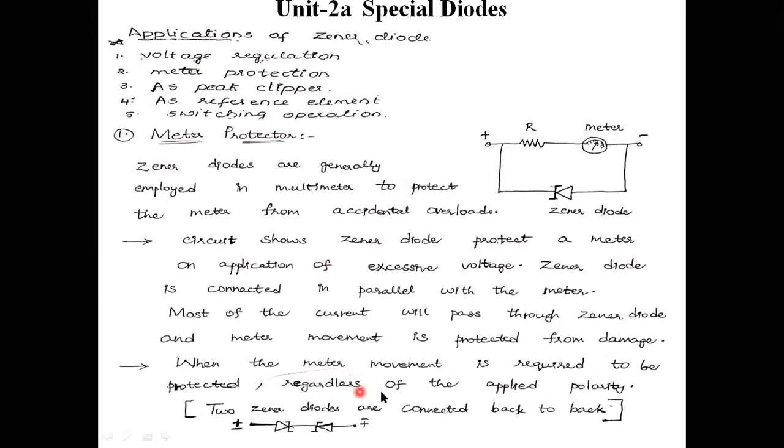When the meter movement is required to be protected regardless of the applied voltage, whatever the voltage we are providing, that voltage is not so important. It is going to be protected.